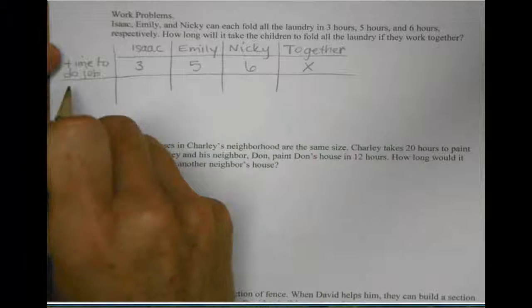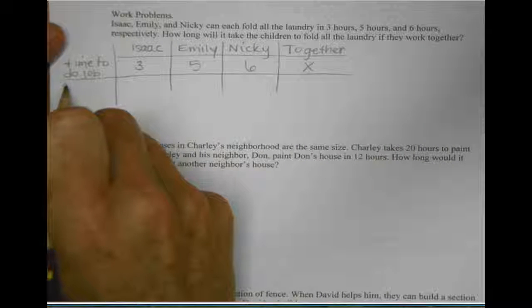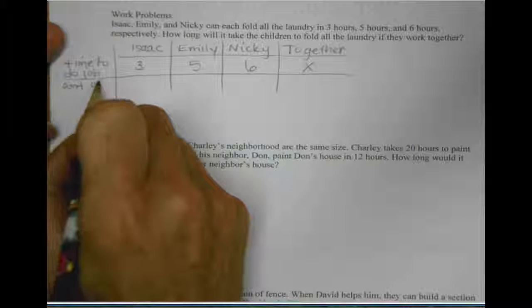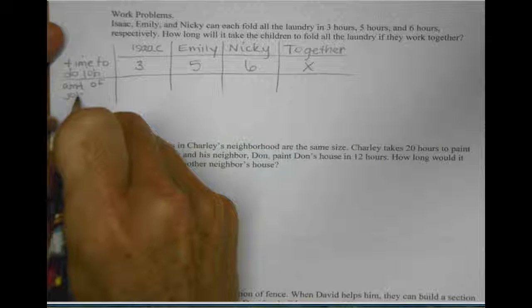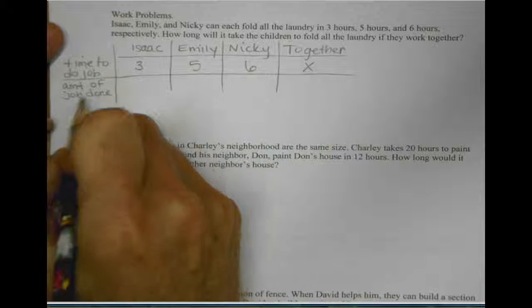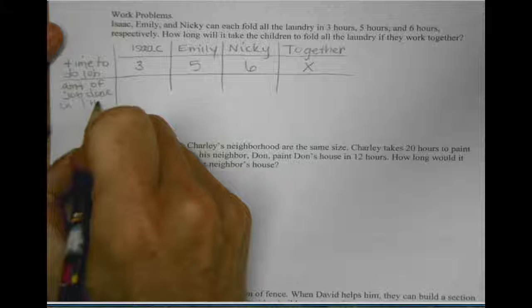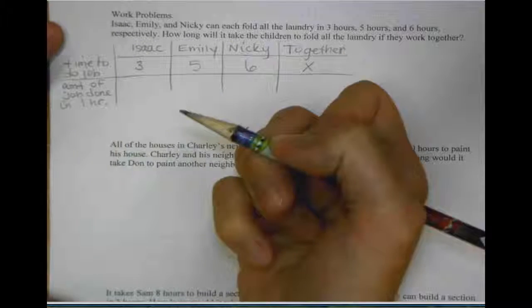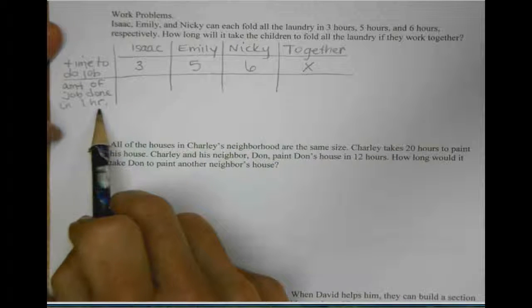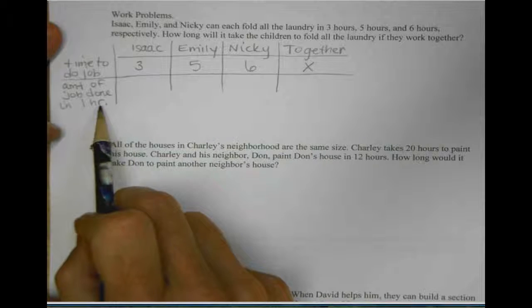Then my next row should be the amount of the job done in 1 hour. Since I'm using hours, I'll carry that over here to the amount of the job that's done in an hour.